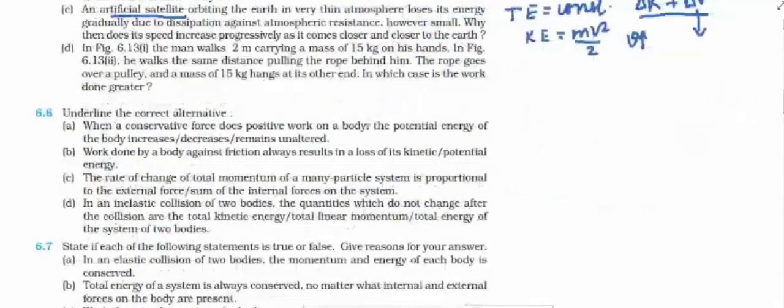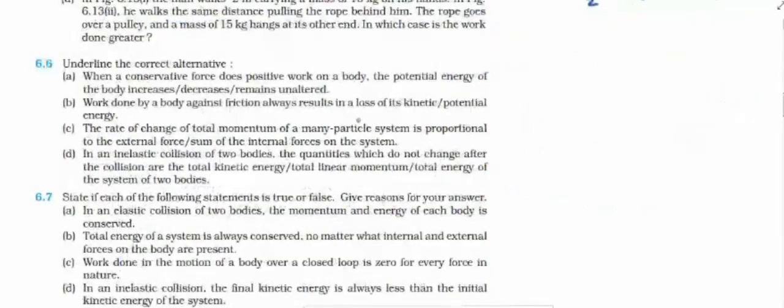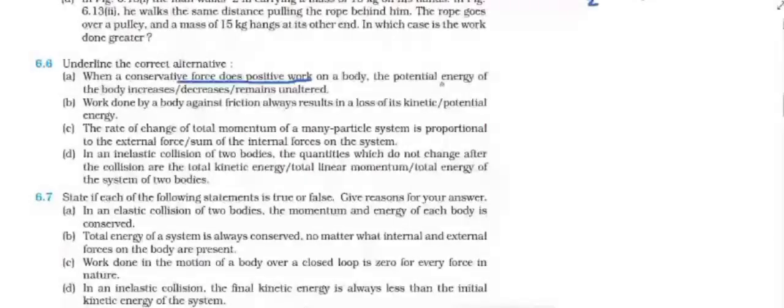Now, next, come to question 6. Underline the correct alternative. Just with simple examples, we see the cases. When a conservative force does positive work, what happens to the potential energy of the body?